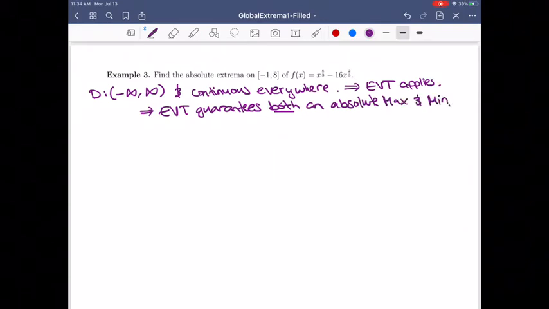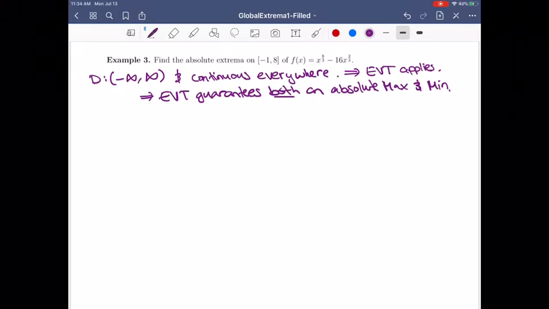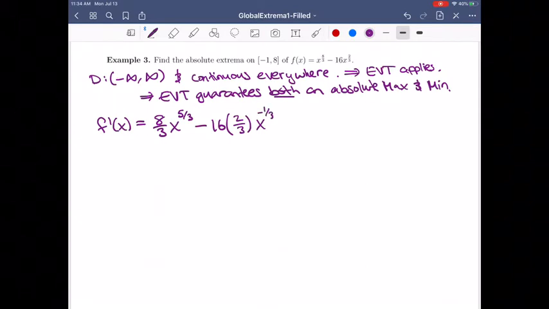So now we want to find them. The first thing we want to do is find the critical numbers. So we take the derivative. It's going to be 8/3 x to the 5/3 minus 16 times 2/3 x to the -1/3.